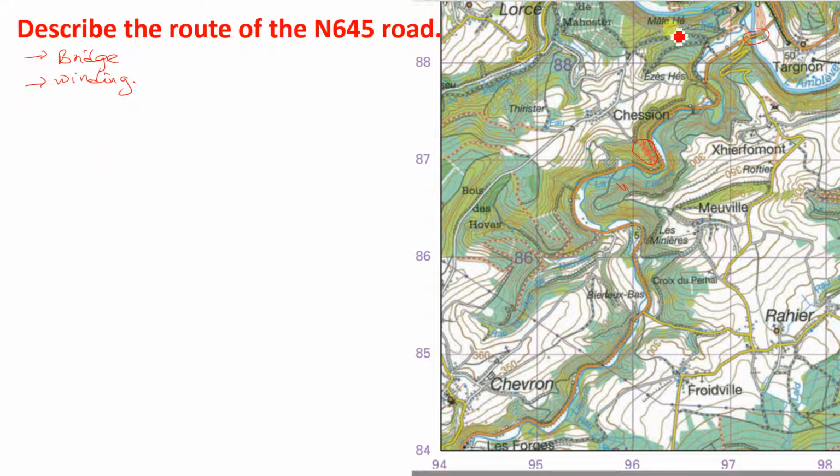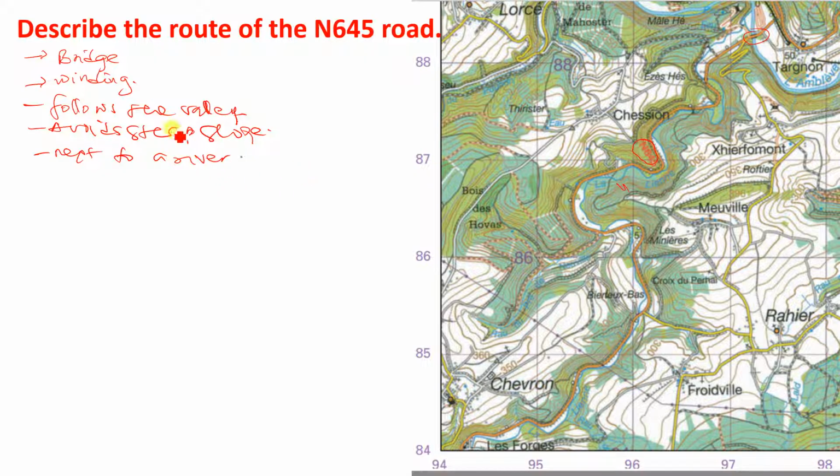So it follows the valley. It avoids steep slope. So it's bending, it's windy. Now it's next to what? The river. That's the part.